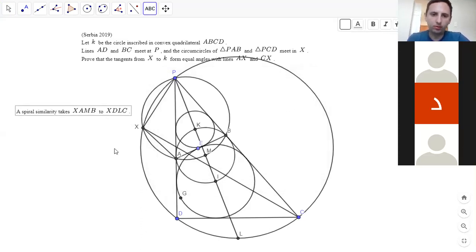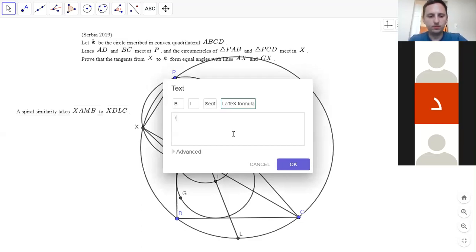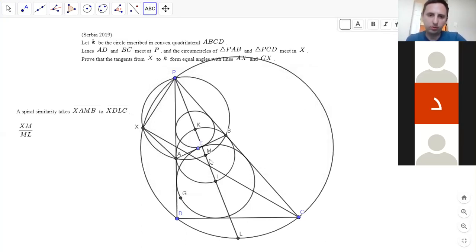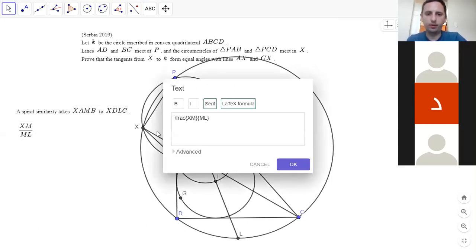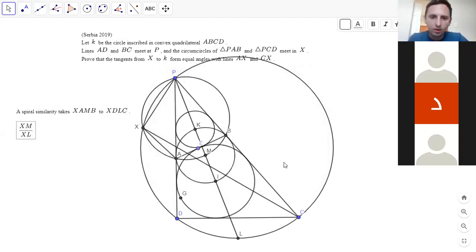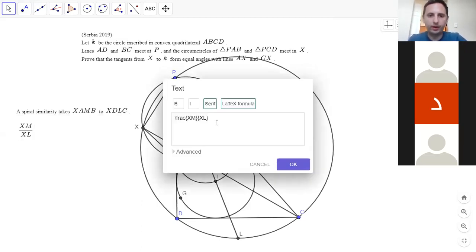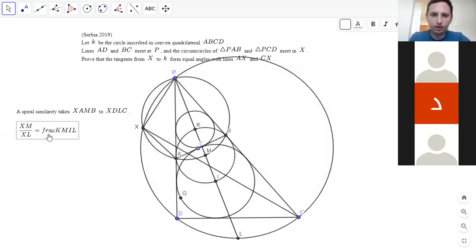Okay, so XM over XL is equal to MK over IL, or KM over IL, which is KM over IM.